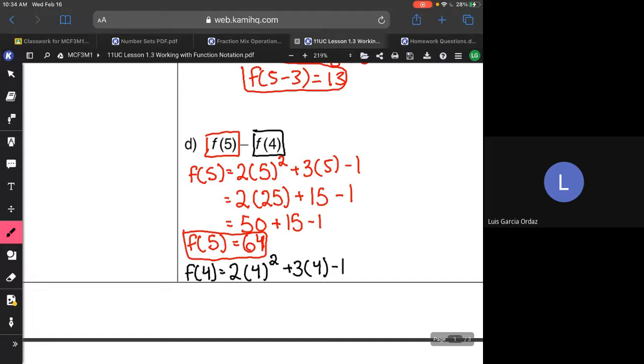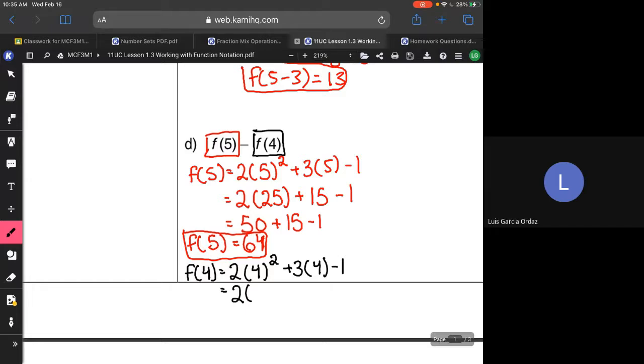Okay, can someone tell me what the next line is going to be? Paulina? You said f of 4 is 3 times 4 squared plus 3 plus 4. Yep. 4 times 8 plus 12.